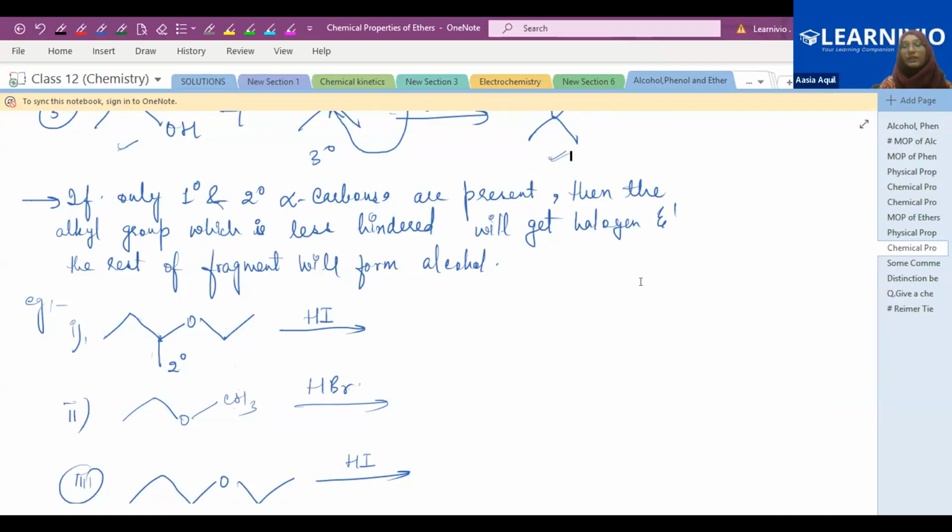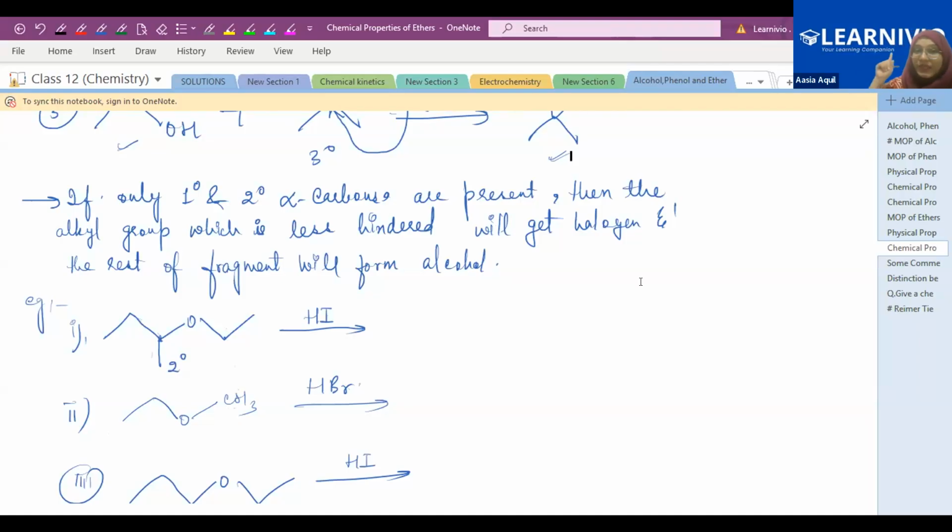But what if there is no tertiary alpha carbon? Tertiary alpha carbon होता था तो we just attach the halogen atom to the tertiary alpha carbon. But what if there is only primary or secondary alpha carbon in your ether?